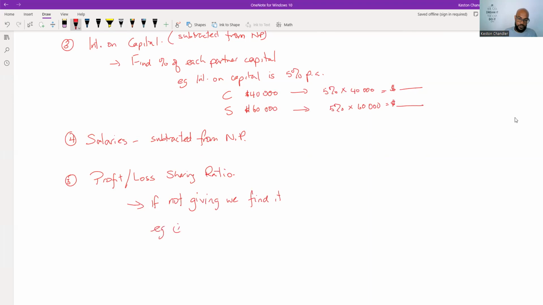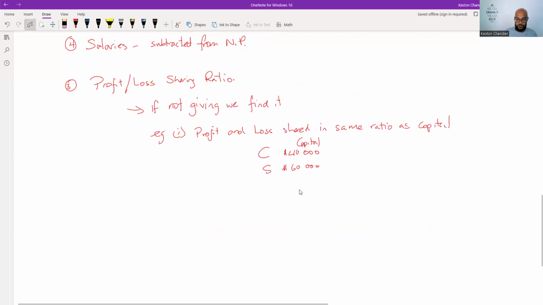Example, they may say profits and losses shared in same ratio as capital. So let's say C has 40,000 and S has 60,000.